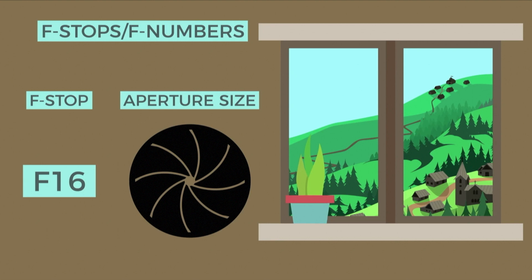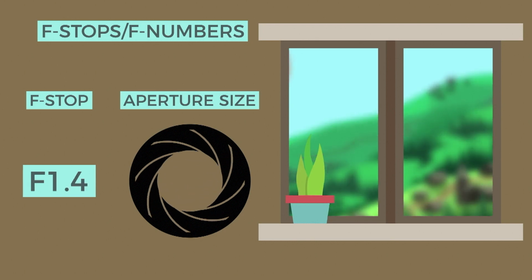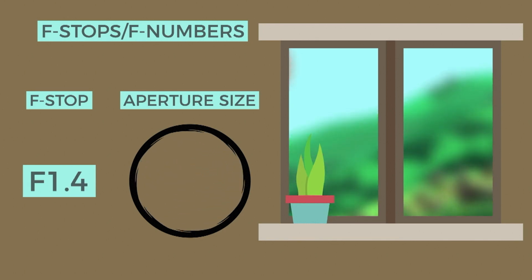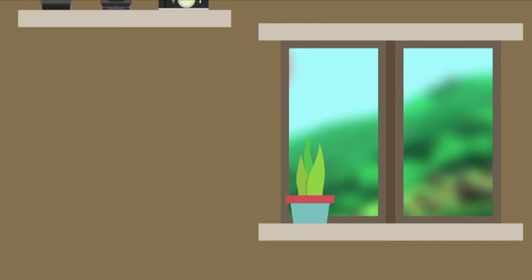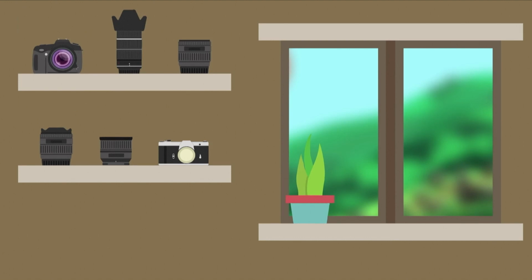A large number, such as f16, is a small aperture size, and will bring all foreground and background objects into sharp focus, while a small f number, such as 1.4, will isolate either the foreground or the background and make everything else blurry.